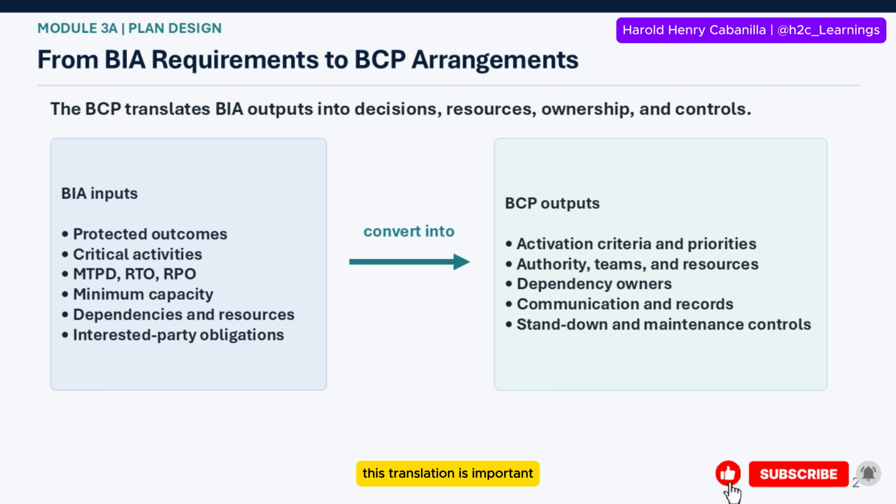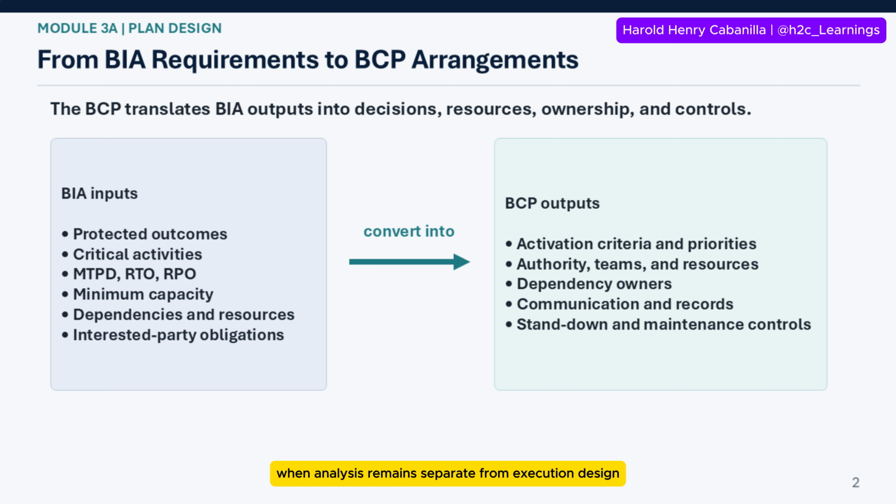This translation is important because business continuity fails when analysis remains separate from execution design. A strong BCP does not merely repeat the BIA. It converts impact requirements into assigned and controlled arrangements that people can use.